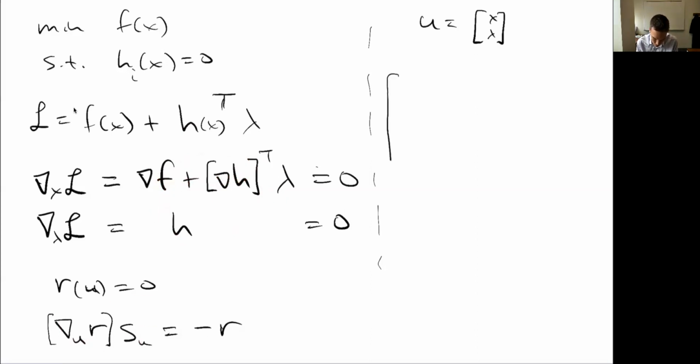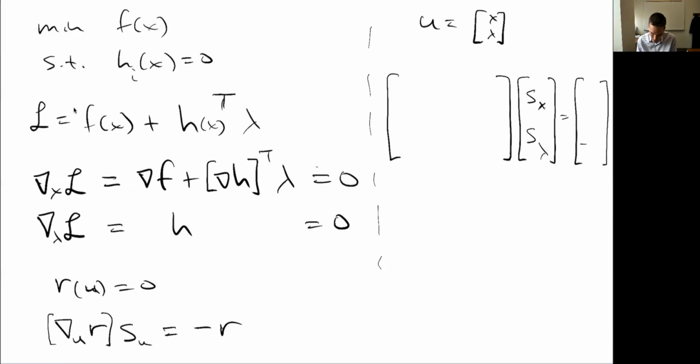So that's going to look something like this. I'm going to have a matrix, and then I'm going to have these steps: a step for X, a step for lambda, and that's going to be equal to minus R. So that would be minus H here, and this one here is the gradient of my Lagrangian. So this is minus grad L. Okay, so I just filled out the minus R side.